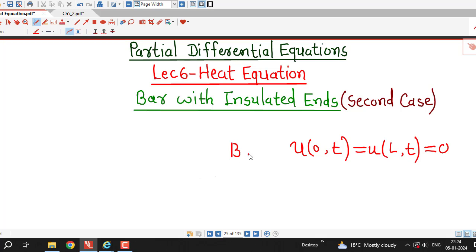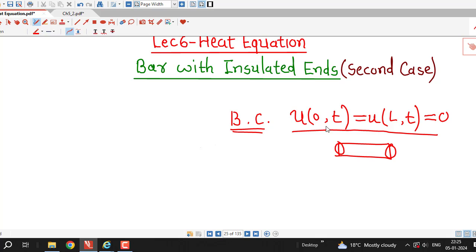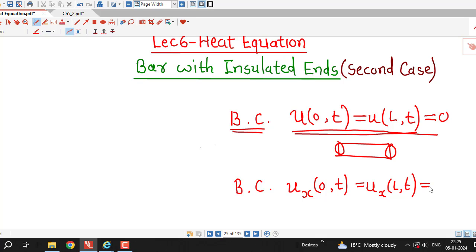So far we have discussed problems in which we have 0 temperature at both the endpoints of a given metal bar, and sometimes, instead of this, they can give us these boundary conditions, that is, the temperature gradient del u by del x is 0 at both the endpoints. In this case we have a different solution as compared to the first one.